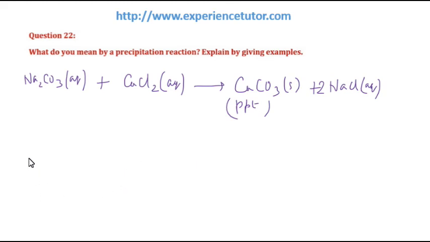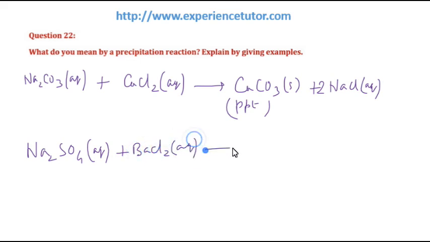We can take another example as sodium sulfate aqueous plus barium chloride aqueous gives barium sulfate solid plus sodium chloride aqueous.